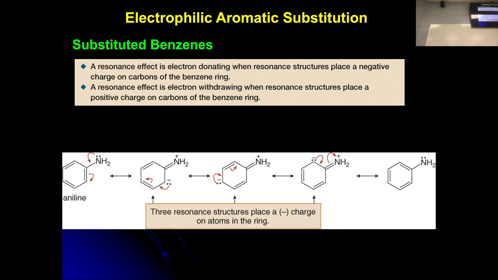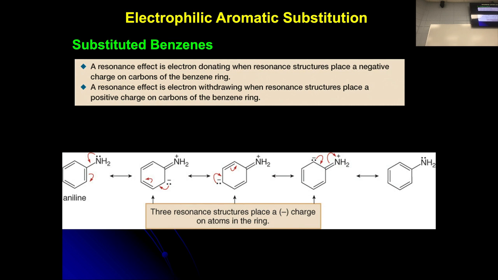and so we've done that. So let's suppose we've got a benzene that already has a group on it, and we want to do a reaction, right? So let's just focus on something that is already on the board or on the screen, and that's aniline.